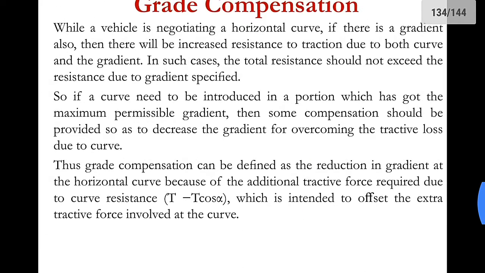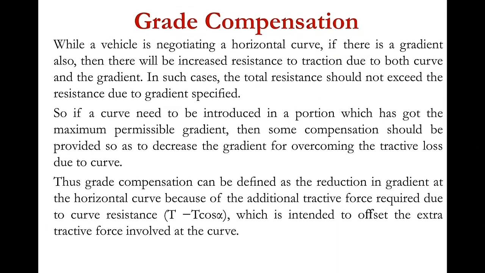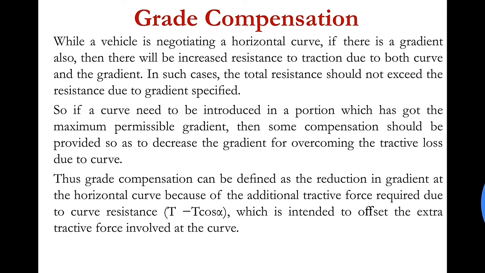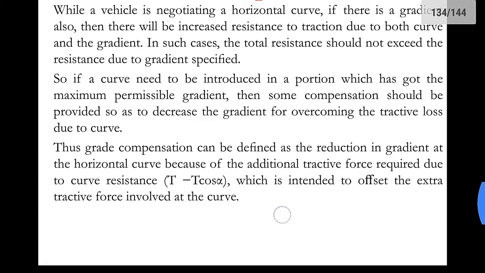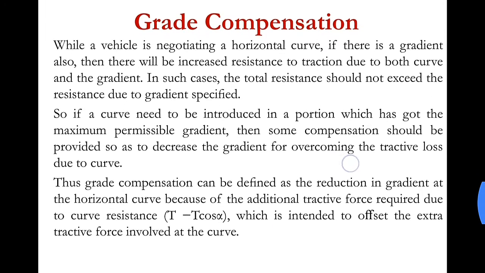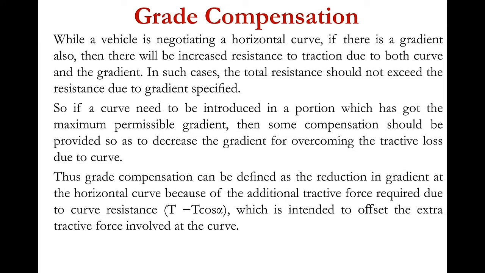Now we need to consider one more point here. Why are we only trying to reduce the grade? Why can't we just increase the radius of the horizontal curve so as to reduce the curve resistance? Well, we have already learned that the alignment is set up during the initial process, even before the construction. So once the alignment is set up and the road has been constructed, we cannot change the alignment of the road.